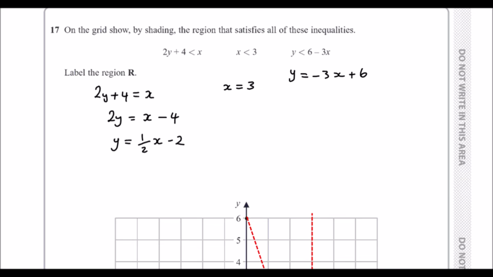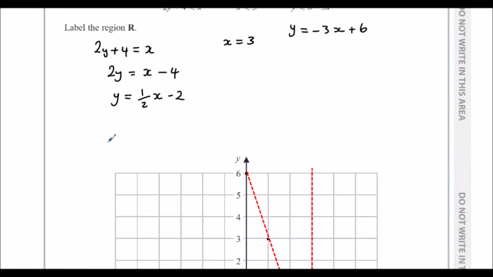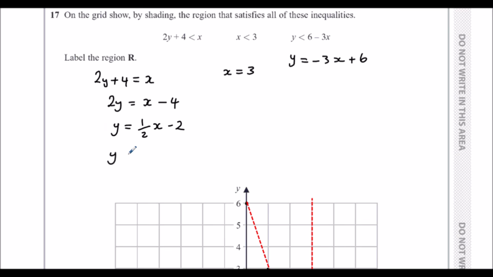So we don't actually want y equals half x minus 2. It's actually y is less than half x minus 2. We want x is less than 3 and y is less than minus 3x plus 6.